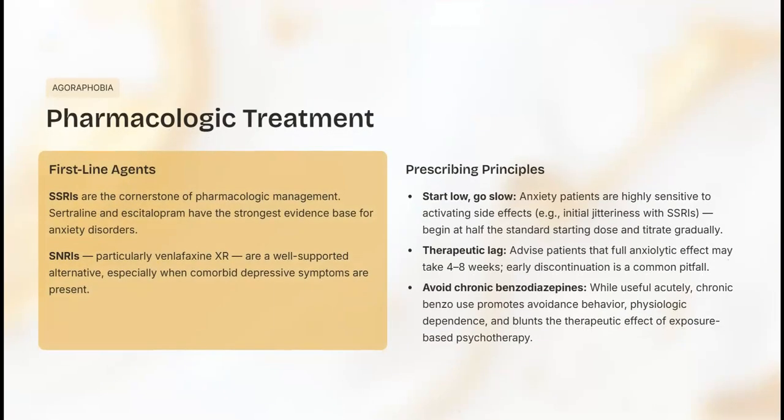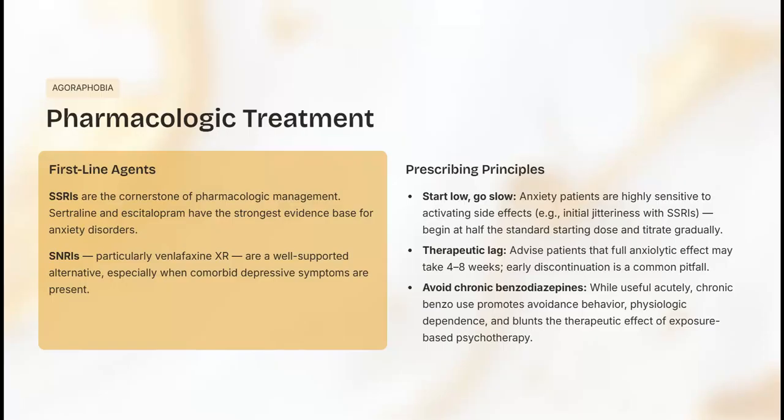Agoraphobia can be treated with pharmacological interventions. The first line agents for agoraphobia are SSRIs, like sertraline and escitalopram. These medications have a strong evidence base, and of course they're tolerated really well.